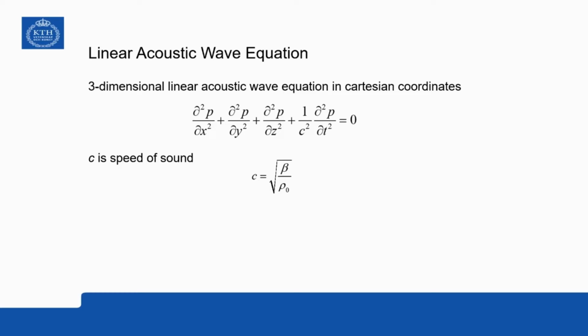In Cartesian coordinates, as you may remember, the wave equation looks like this. We have the x, y, z coordinates and the speed of sound c.